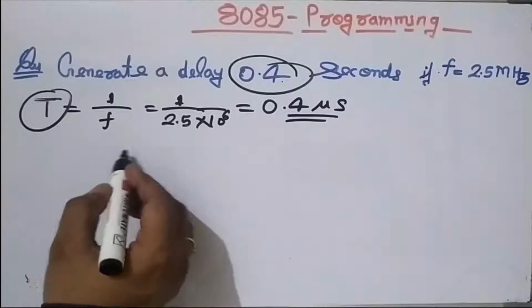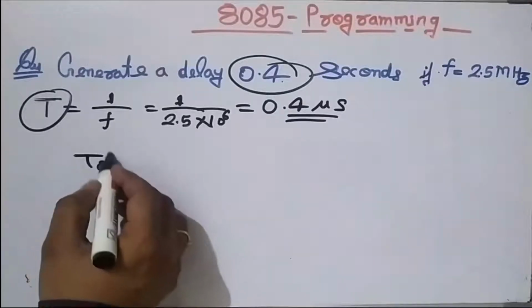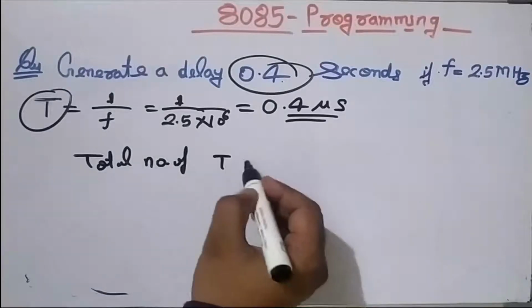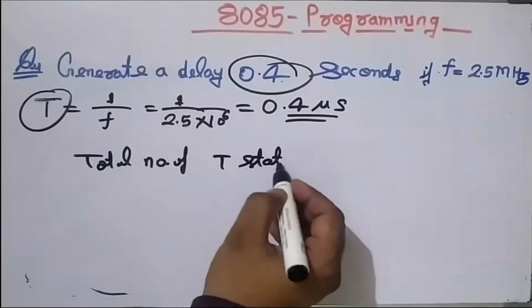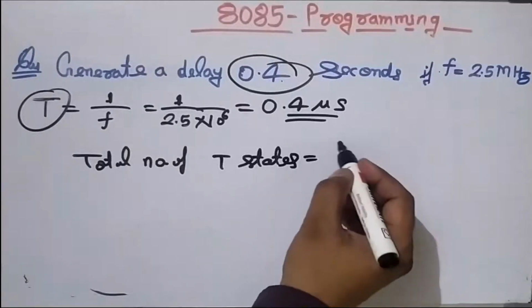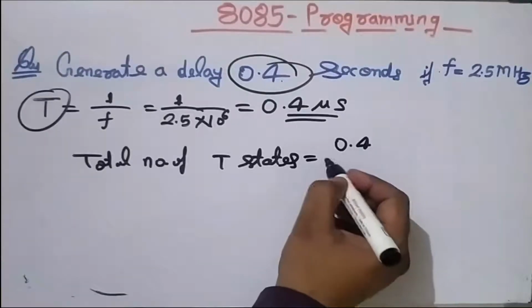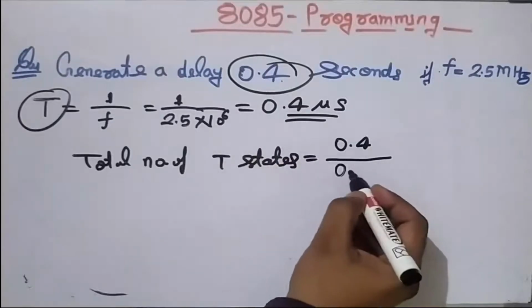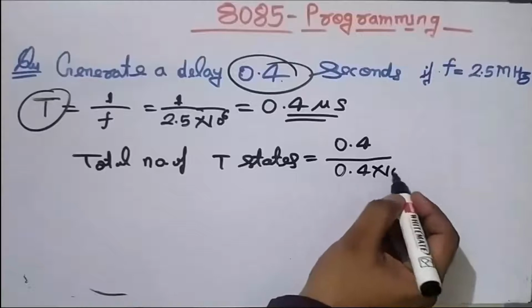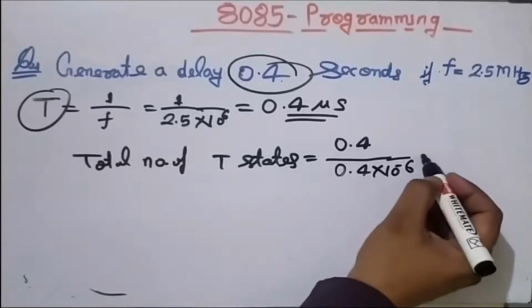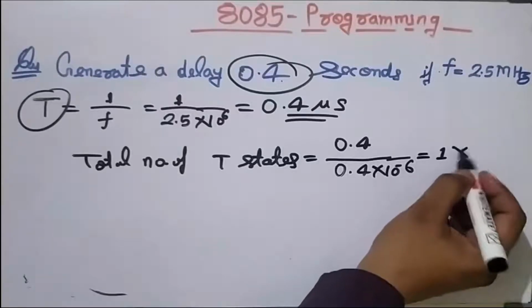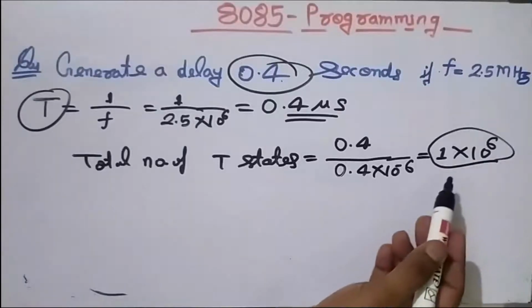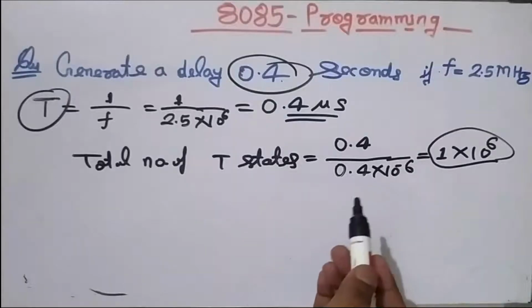This can be calculated as the total number of T states required equals 0.4 second, the required delay, divided by the time consumed within one T state, which is 0.4 microsecond, 10 to the power minus 6. This will equal 1 into 10 to the power 6. We require 1 into 10 to the power 6 T states to be consumed.